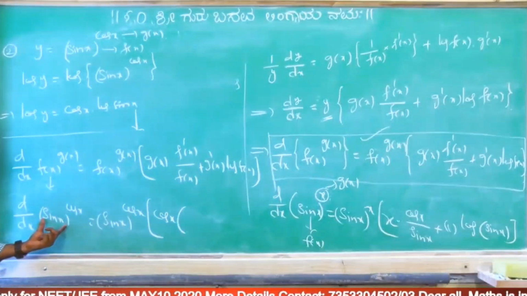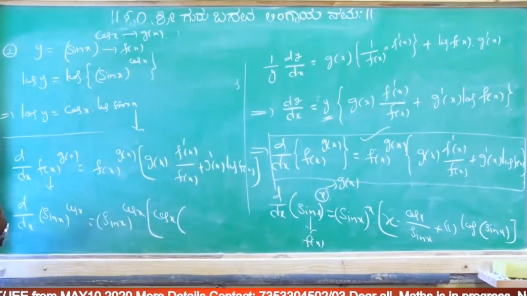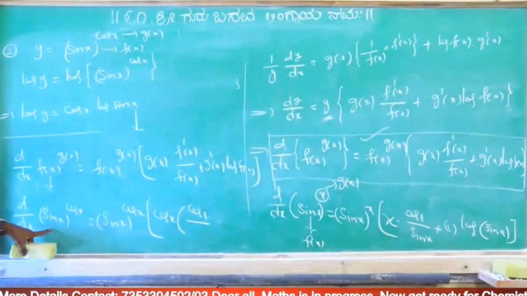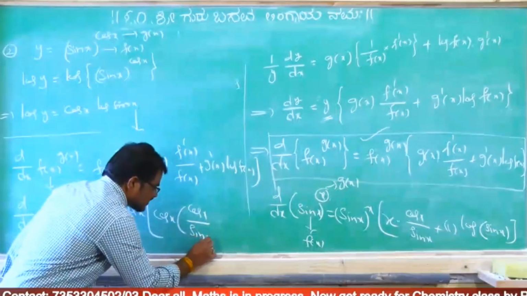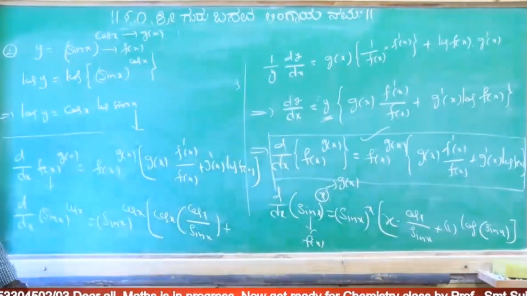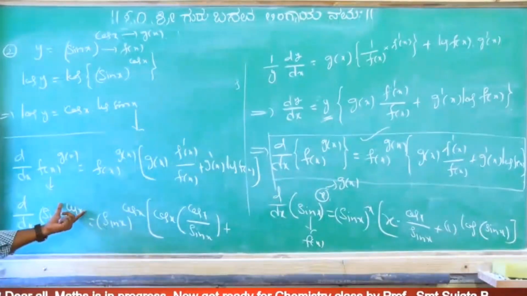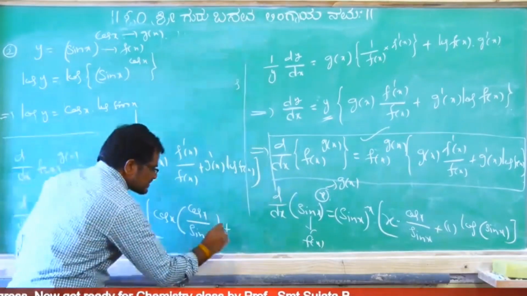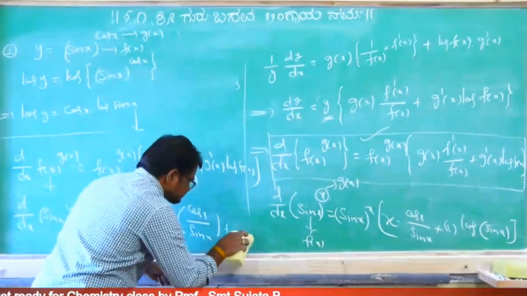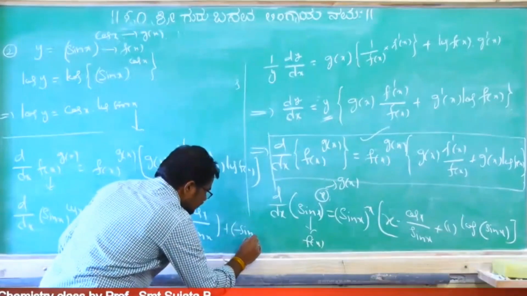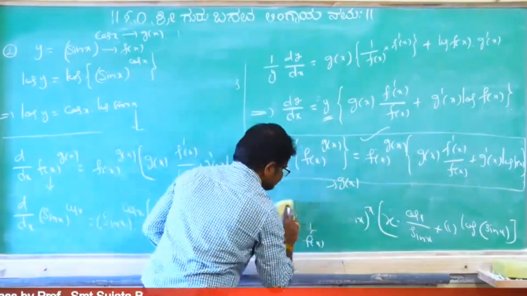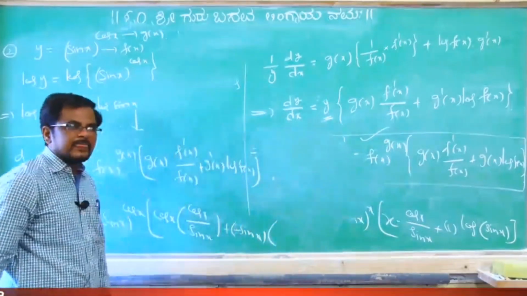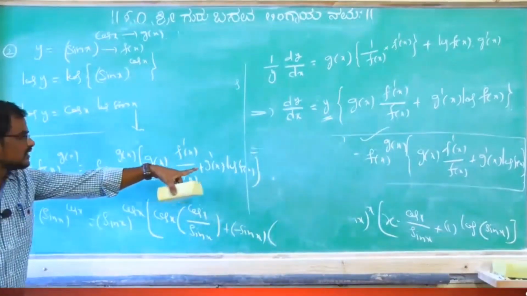What is f of x? Sin x. Differentiation of sin x? Cos x, whole divided by f of x, sin x, plus g dash of x. What is the g of x? Cos x. Differentiation of that one? Minus sin x, into log of f of x.